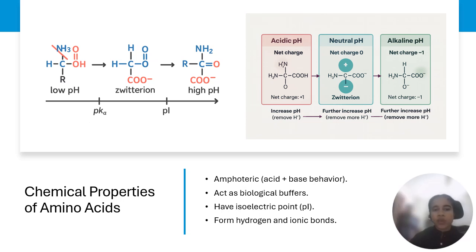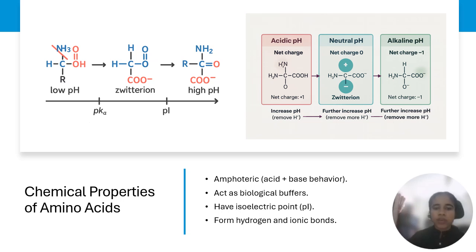Amino acids also have some of the most interesting chemical properties. They are amphoteric in nature, which means they can act as both acids and bases. Depending on the pH, they can gain or lose protons. At low pH, they carry a positive charge. At high pH, they carry a negative charge. And at a specific pH called the isoelectric point, the net charge becomes zero, and this form is called the zwitterion.